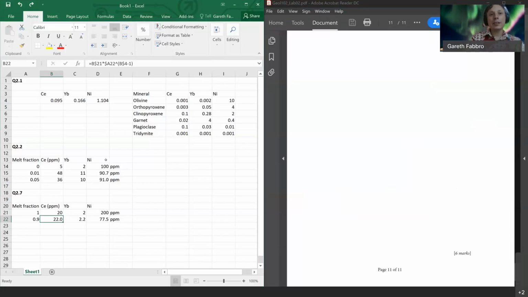I will accept the answers in Google Sheets. Either download the file and send it to me, which I prefer. If you can't work out how to do that, you should be able to send me a link to it in the cloud, and I can mark it that way. But if you want to do it by hand with paper, pen and a calculator, that's fine too. Scan it in and send me the answers.